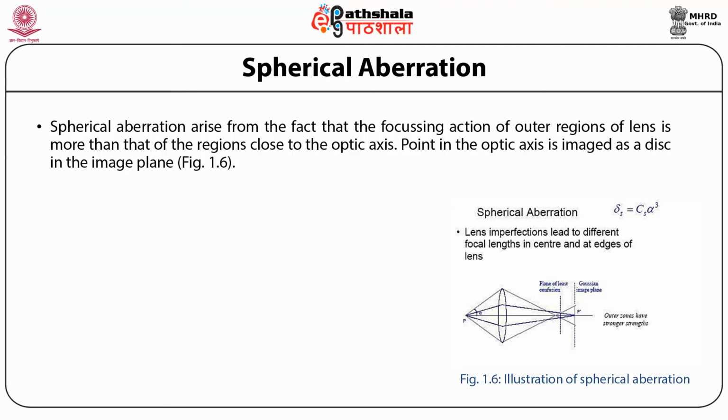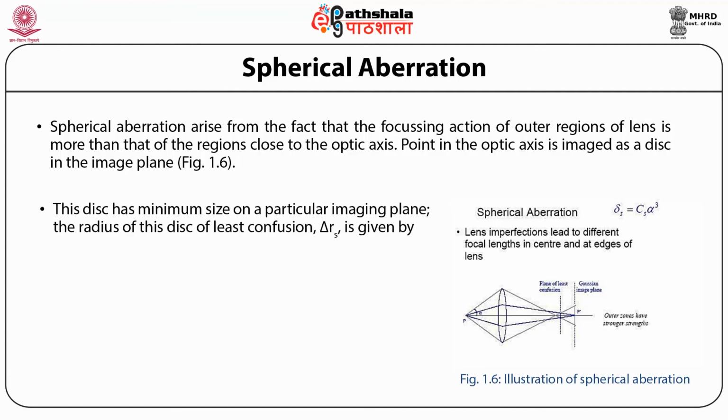A point on the optic axis is imaged as a disc in the image plane. Consider figure 1.6. This disc has minimum size on a particular imaging plane.